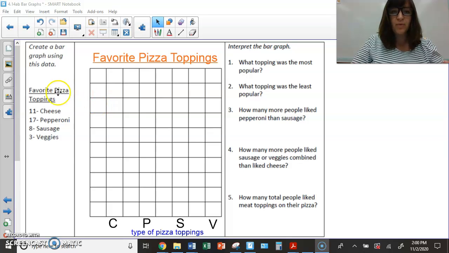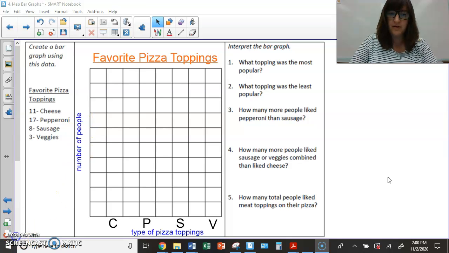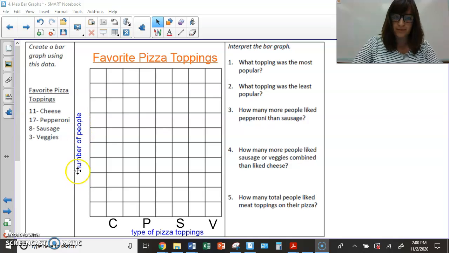Okay. So we need to give our y-axis a title. We are going to title the y-axis number of people. Okay. So we need to decide what our unit is that we're going to count by, okay? So you'll notice our smallest number is 3, our highest number is 17.